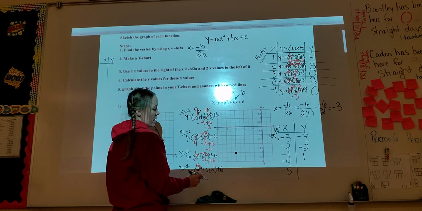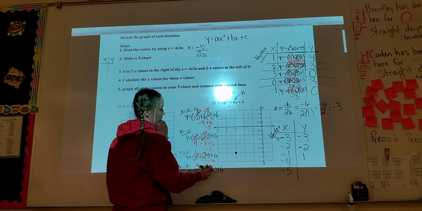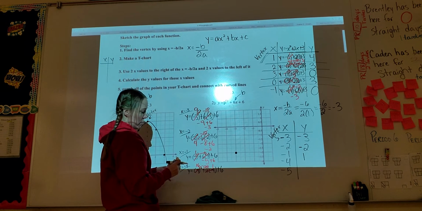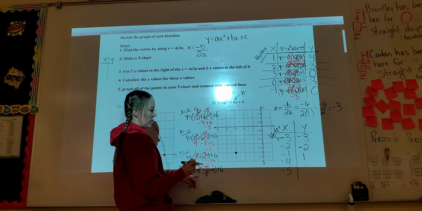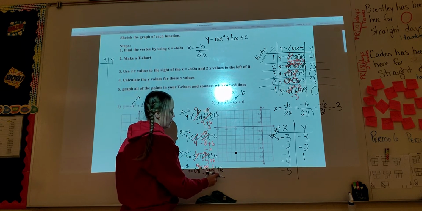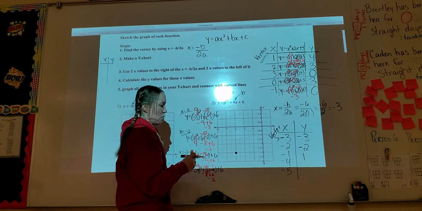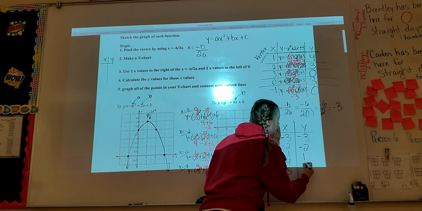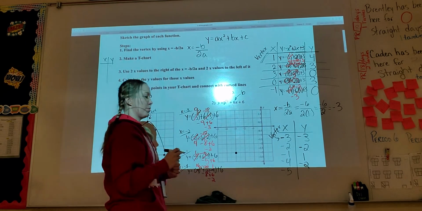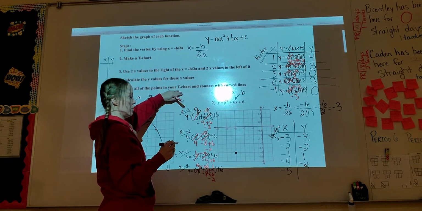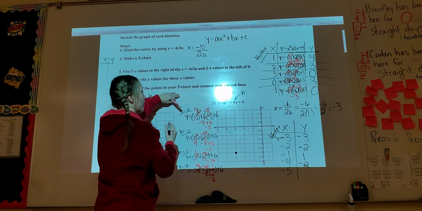And then 6 times negative 4 is negative 24. So 16 minus 24 is negative 8. Negative 8 plus 6 is negative 2. So I got negative 2 here. It did end up repeating. I'm going to work my last one up here just so you guys can see it.